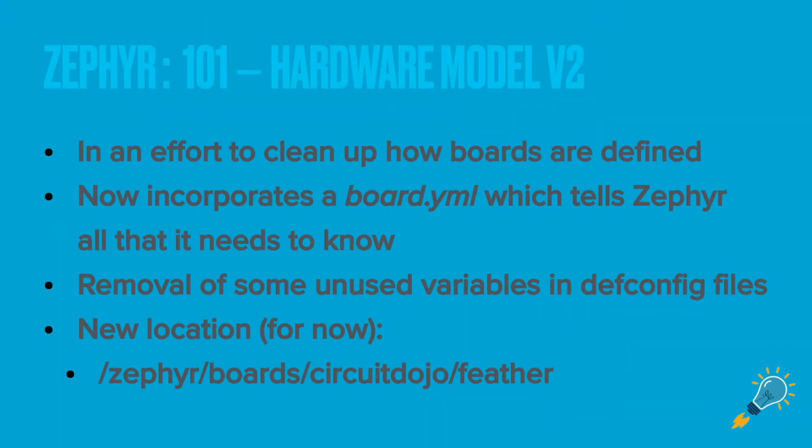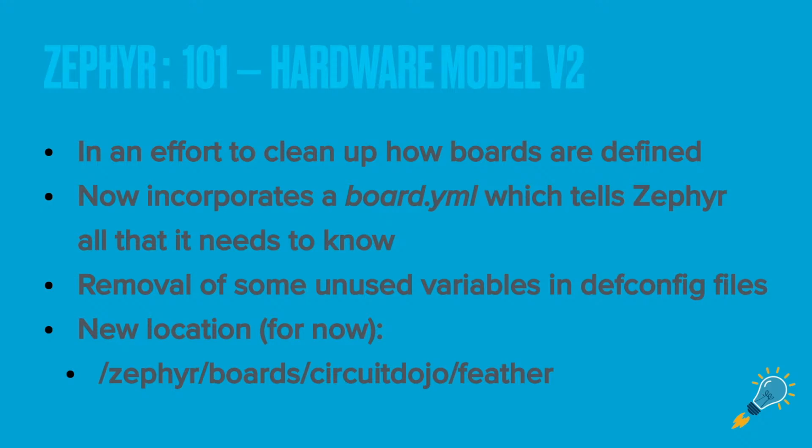There was a YAML file, and they still do exist per the different variants, but there's an overarching board.yml that Zephyr will go and look at to find all the information it needs about this board, if it has variants, if it has versions. So it's handy, and it's all in one place.